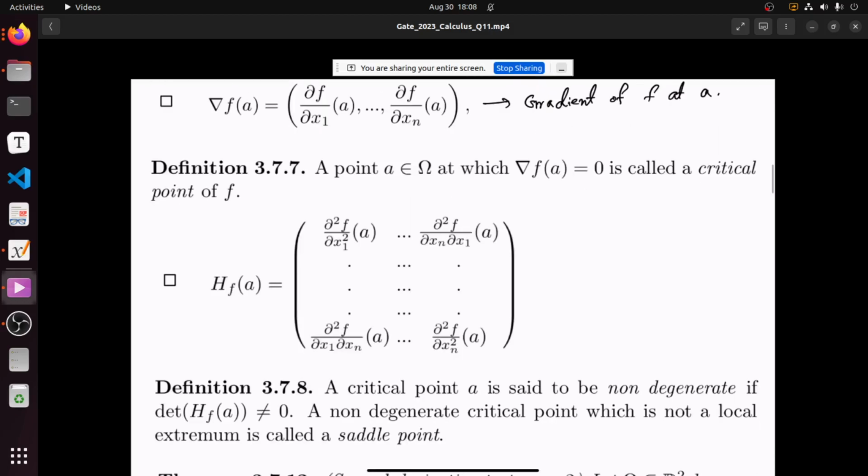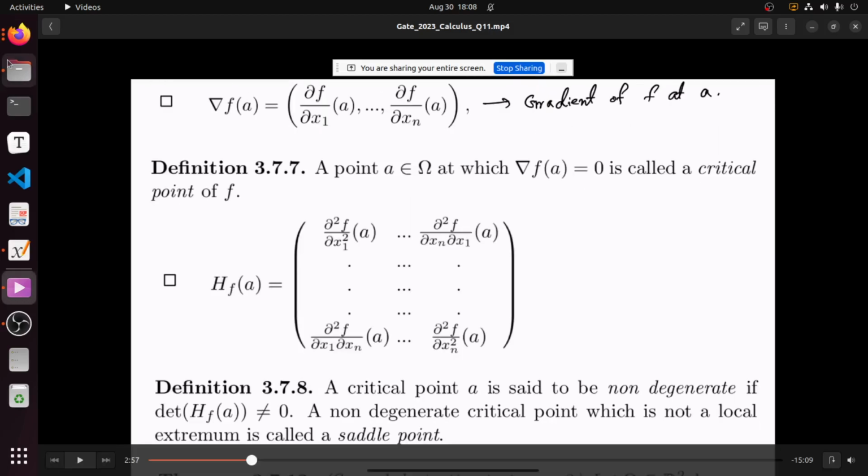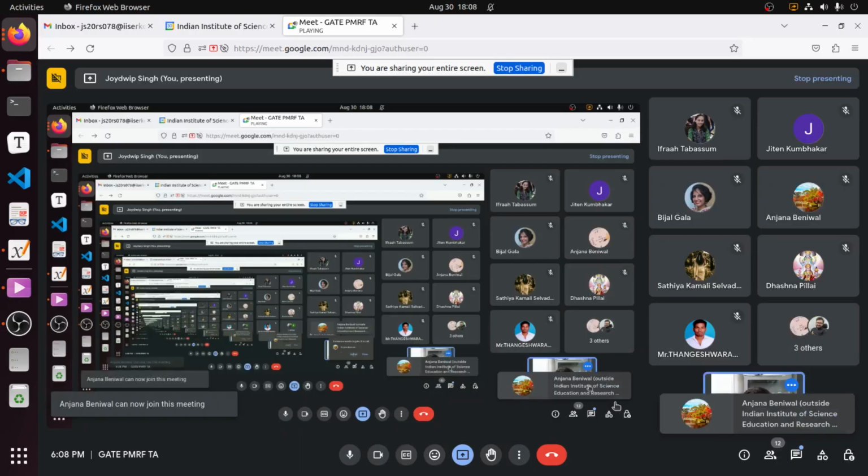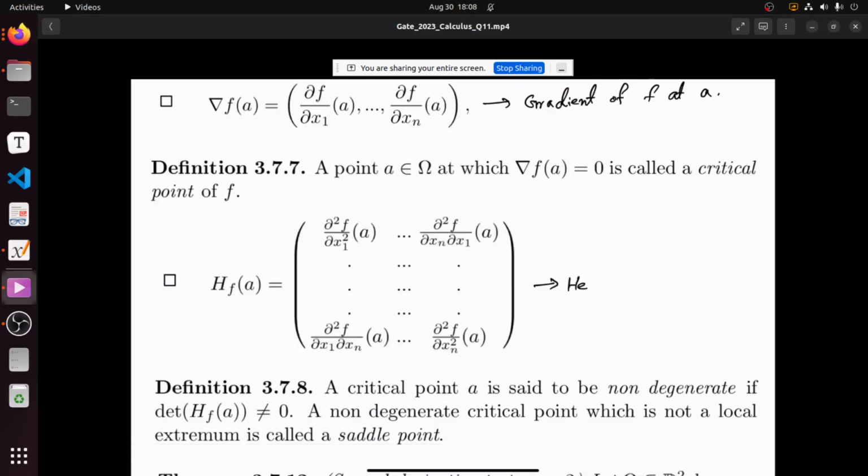Now let's look at this definition. This is called the Hessian matrix of f at the point a. How is this defined? It consists of all the second partial derivatives.